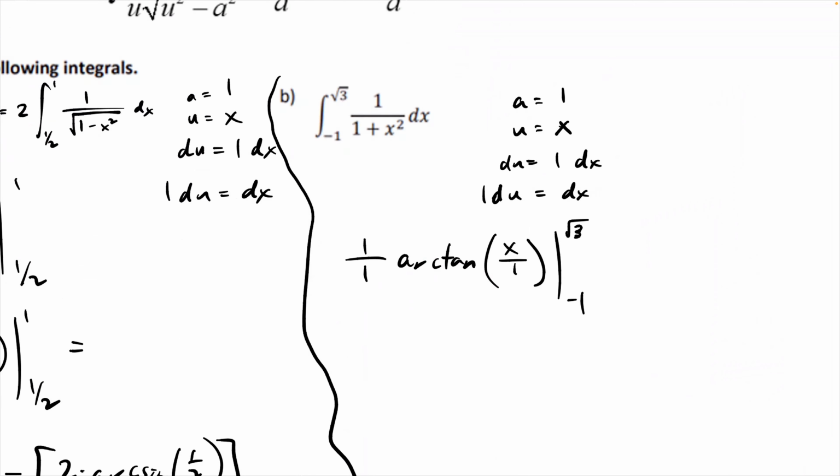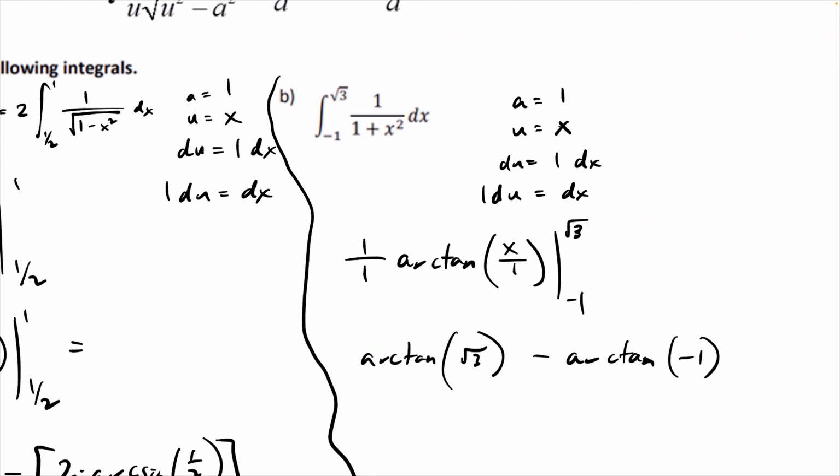Okay. So I get arctangent of square root of 3 minus arctangent of -1. So where is tangent square root of 3?